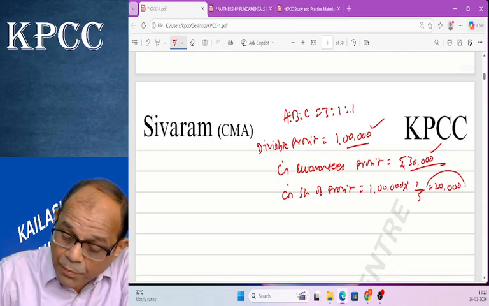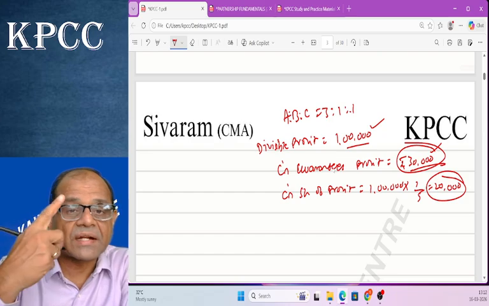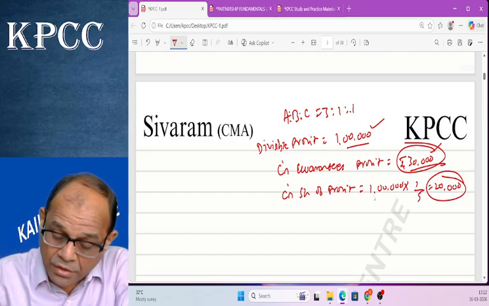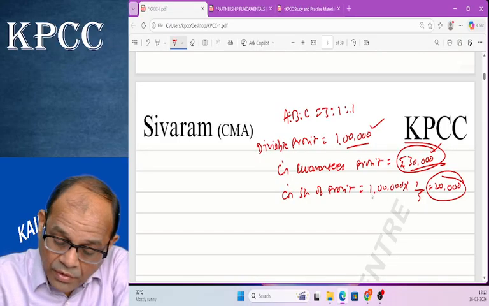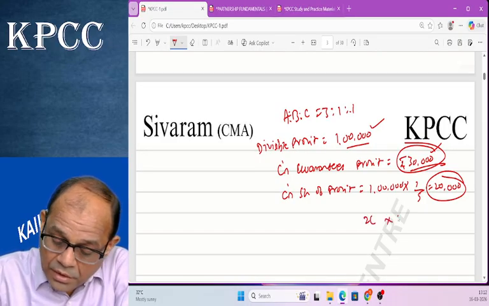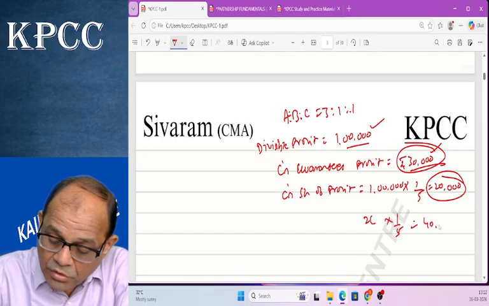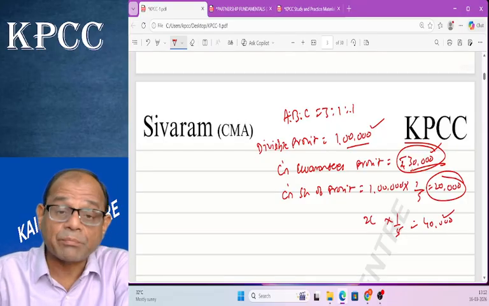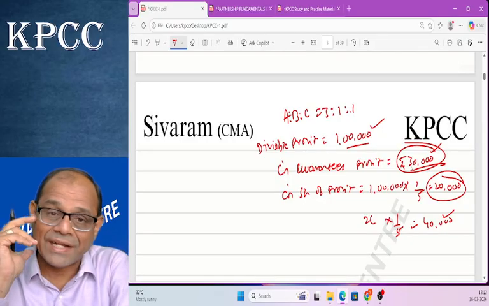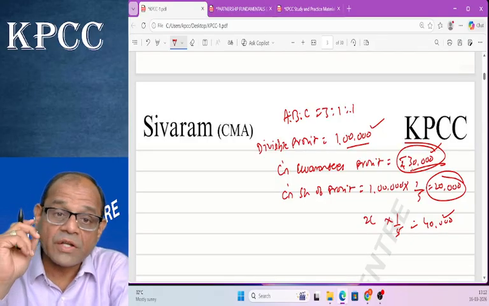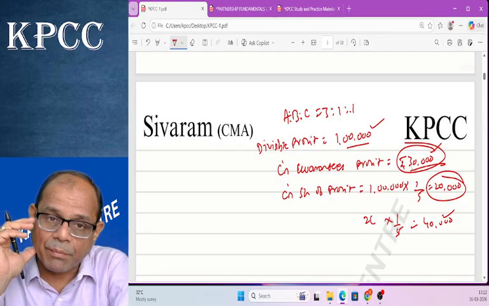Suppose his calculated profit is more than 30,000, he will get that calculated profit. Suppose the profit is not 1 lakh but 2 lakhs. Then his amount is 40,000, no? Then he will take 40,000, not 30,000. The minimum profit of 30,000 is guaranteed; it is not fixed, it is a guaranteed minimum.